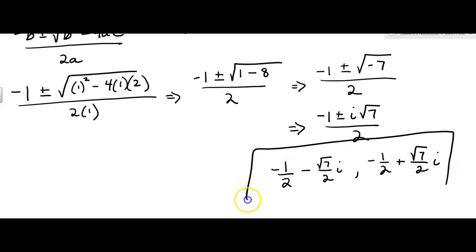Those are in a plus bi form. Those answers are both imaginary numbers. So you could write it that way. The square root of 7, 7's prime, it doesn't simplify. Yeah, those are two answers.